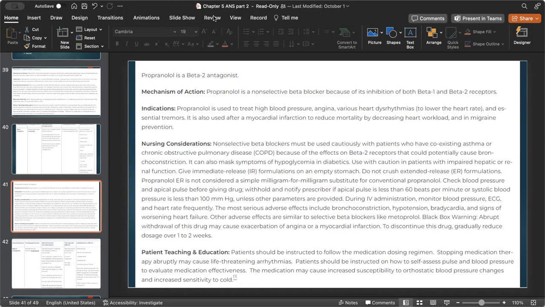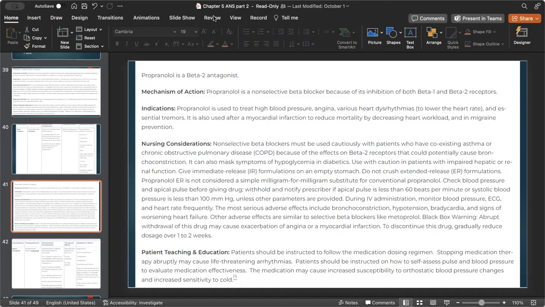As I'm doing this, I'd be writing out my drug template, writing where it works, right? If I know where it works, I also know what it treats. If it can lower your blood pressure and lower your heart rate because it works on these, it could help treat hypertension. Because it helps with vasodilation, or opening, this would also be good for patients who have chest pain or things like that.